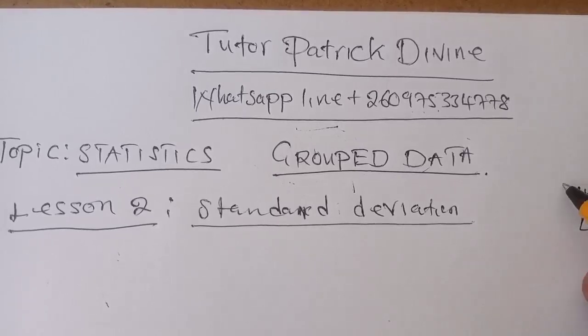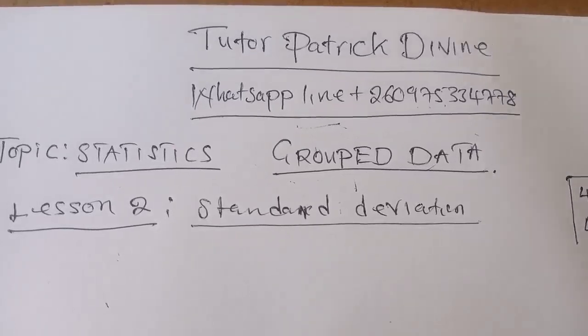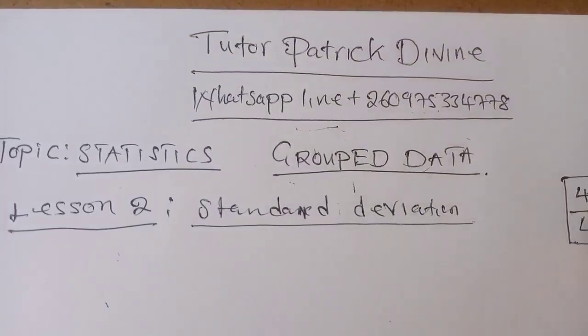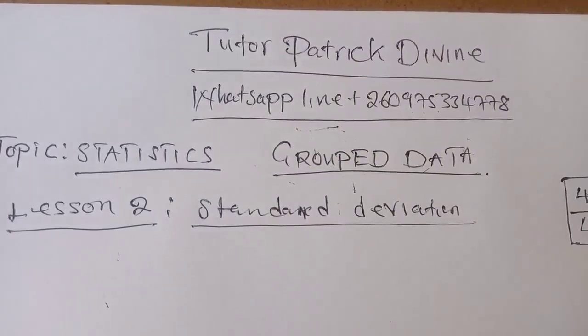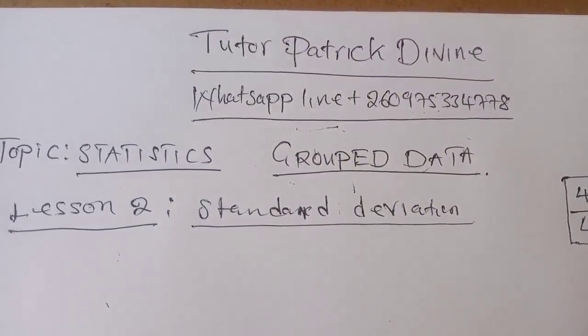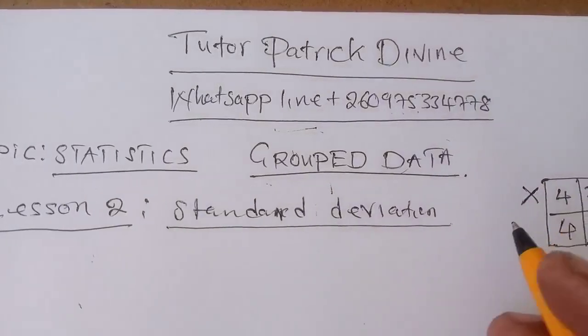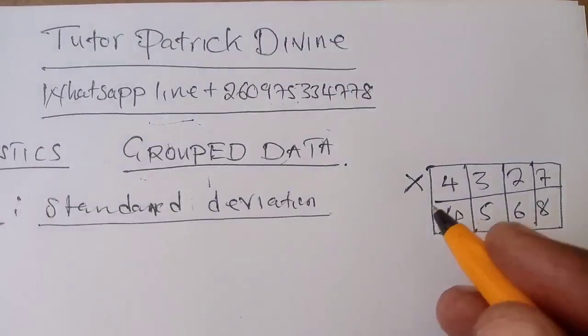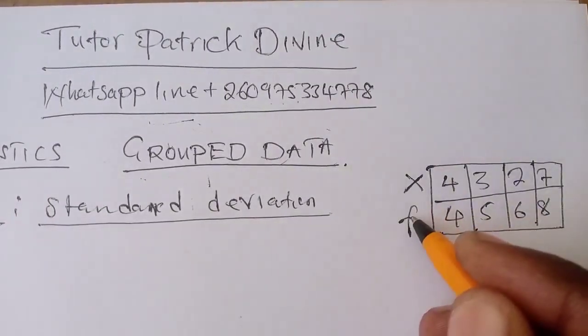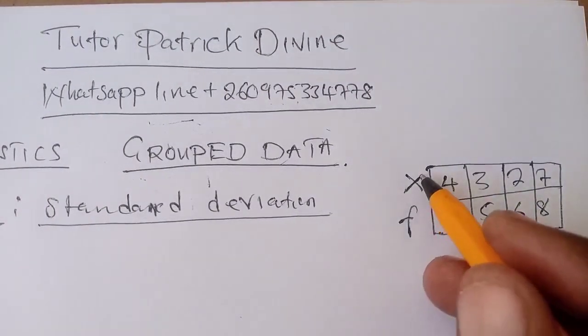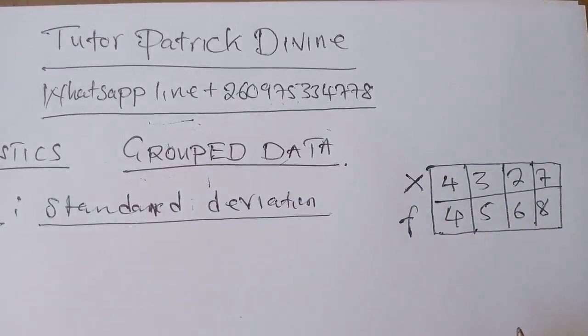Ungrouped data is something like that. And we said that this part is for the x, and this part is for the frequency. This is what we did last time.